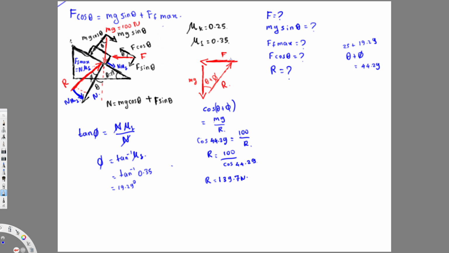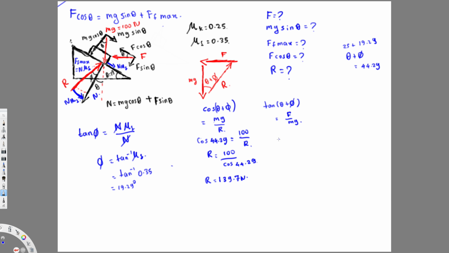Also I can find the F. In this case I can use tan of theta plus phi, that's opposite over adjacent. So tan of theta plus phi is equal to, opposite is F and adjacent is mg, so F over mg.